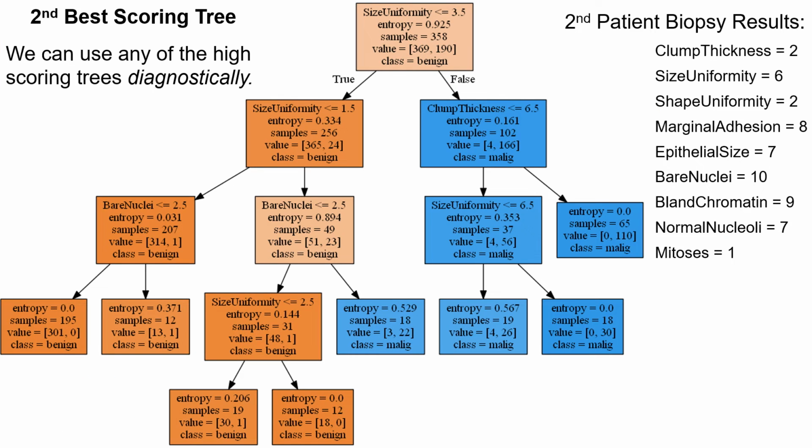So here's the second best scoring tree, and here's our second patient again. Notice this time they're going to end up going in this route, and now they're predicted to be malignant with a probability of 0.8667. Remember, in the previous, they were predicted to be benign.